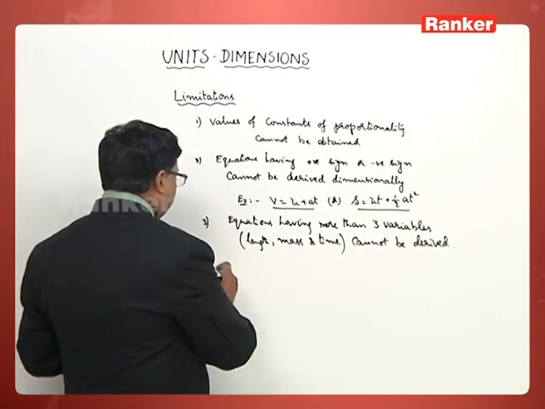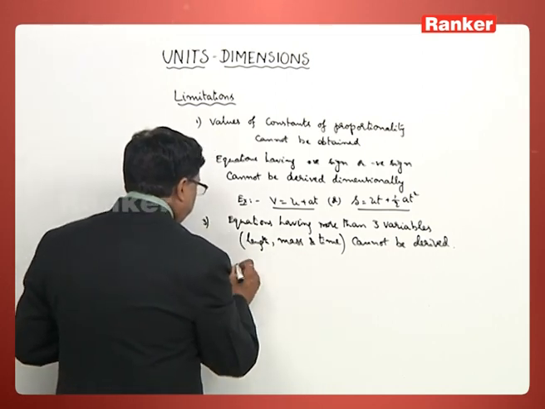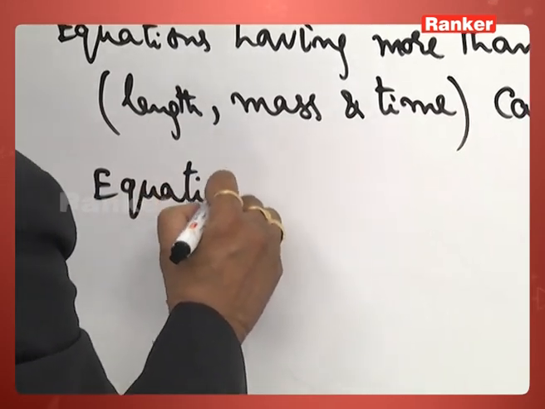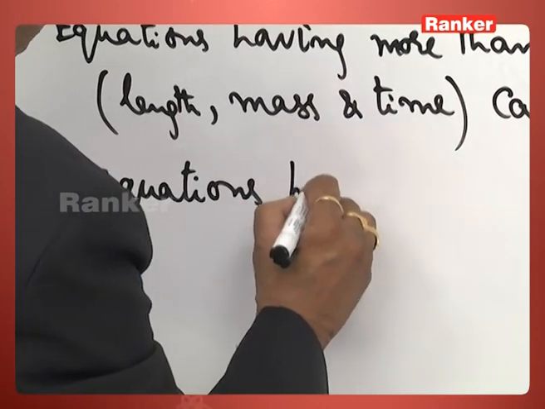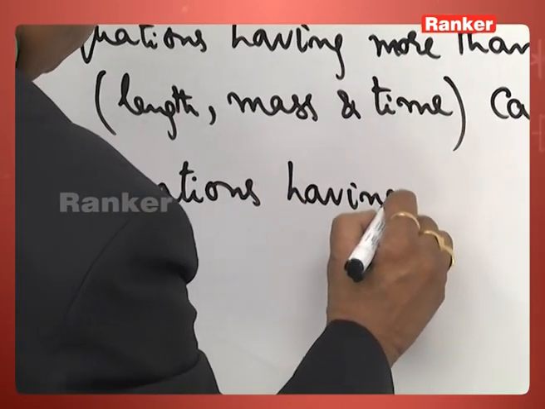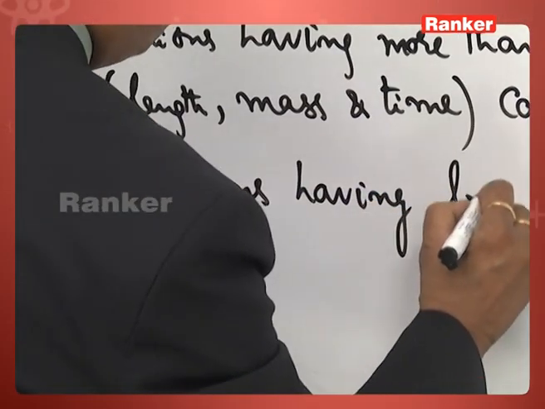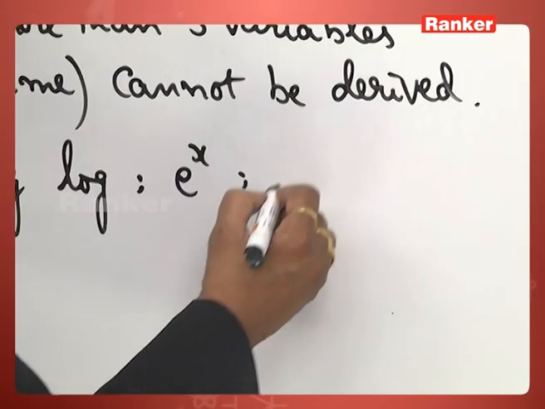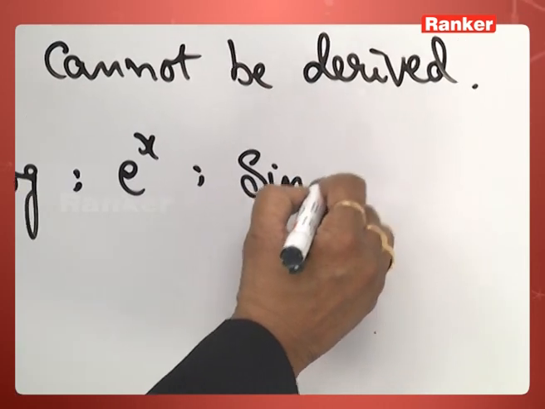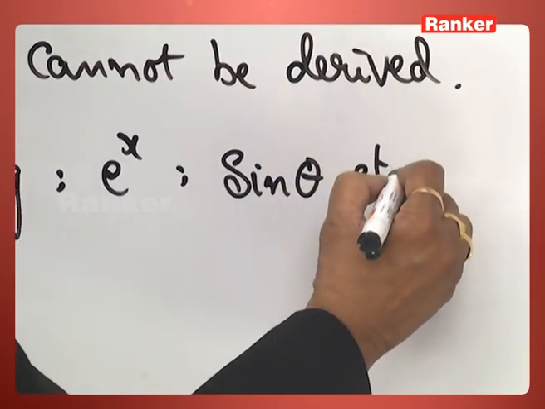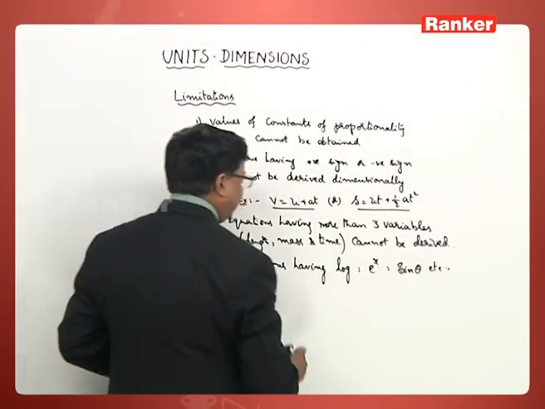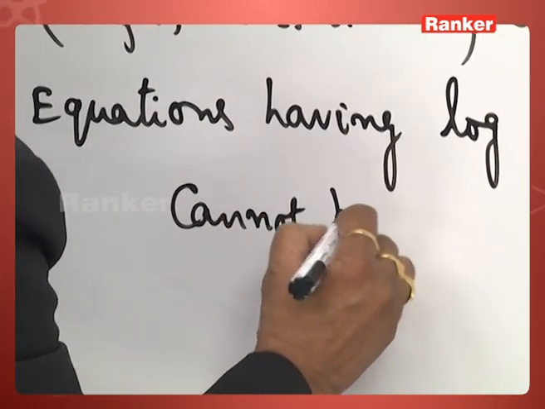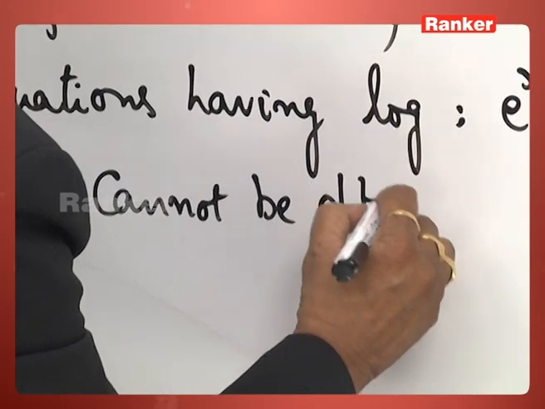Now, come to the next one, the 4th. Equations having logarithmic values, exponential functions, trigonometric equations, etc., once again cannot be obtained dimensionally.